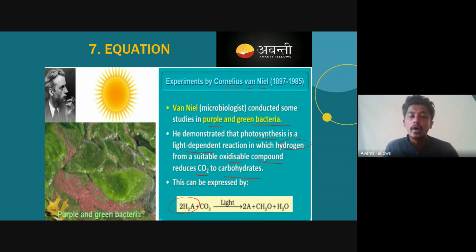He also gave an expression where anything in association with hydrogen, like H2O or H2S, has its hydrogen and the O or S bond broken, and this is where it gets oxidized. This hydrogen is used with the carbon dioxide in the presence of light to produce glucose and the evolution of oxygen or sulfur, and then water.